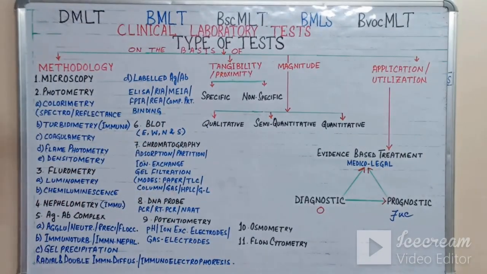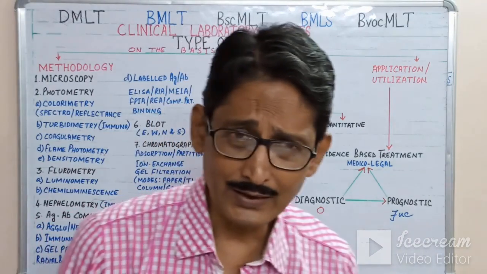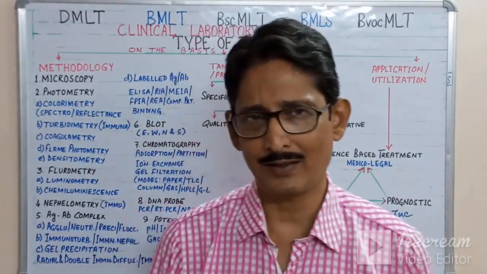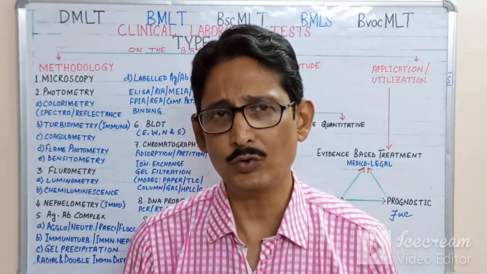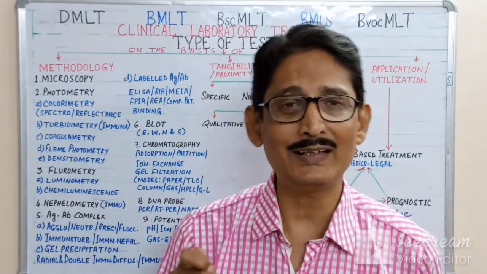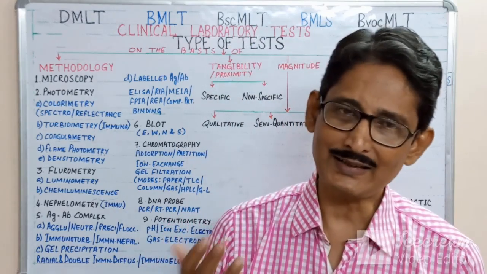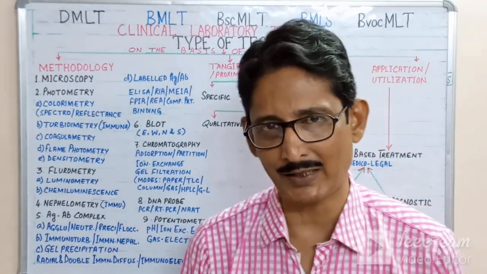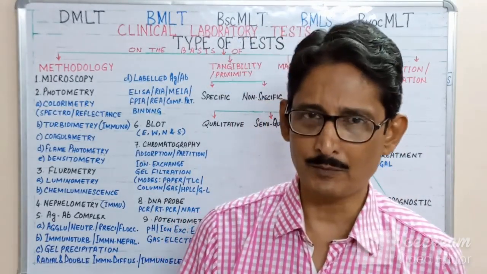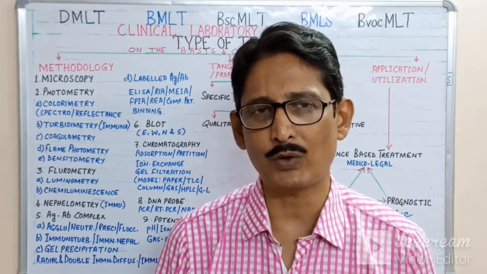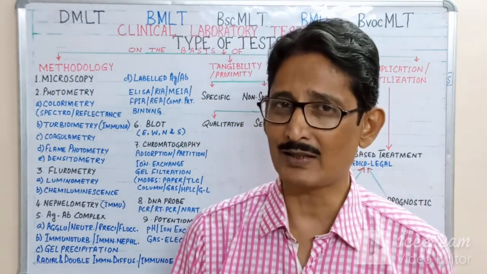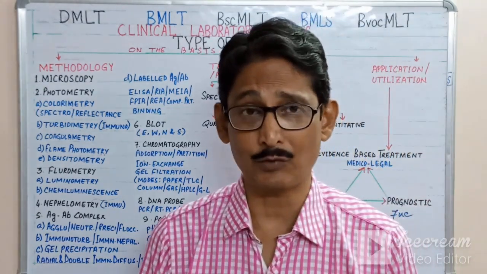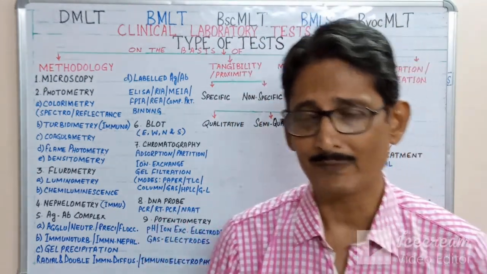Now, the methodology. In the history of medical laboratory science, the first human tried to understand using only a hand lens. After that, this hand lens evolved and developed into today's microscope. Mankind first tried to understand the cell structure, and then found the bacteria which cause our diseases, and the study developed like that.